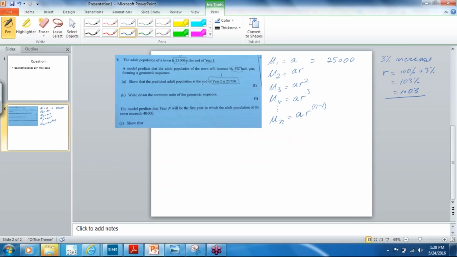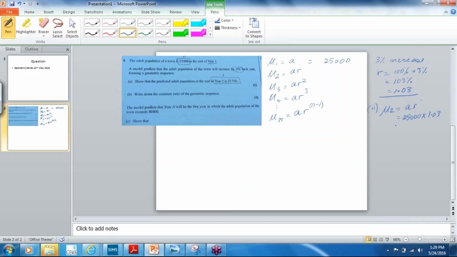Show that the predicted adult population at the end of year two is 25,750. So we simply need the second term, which is AR to the power of 1, where A is 25,000 and R is 1.03.